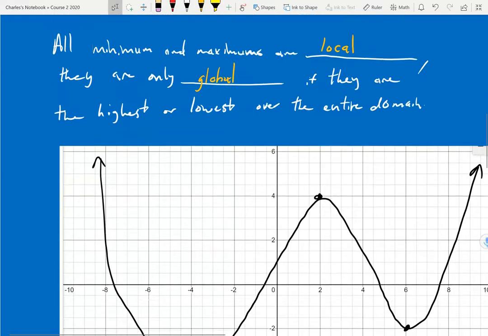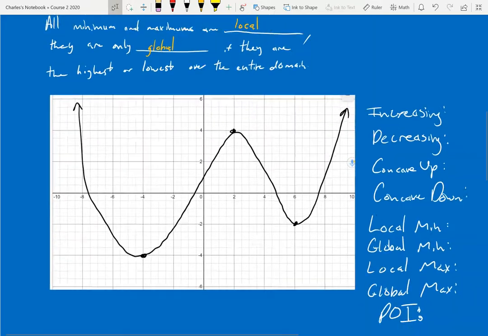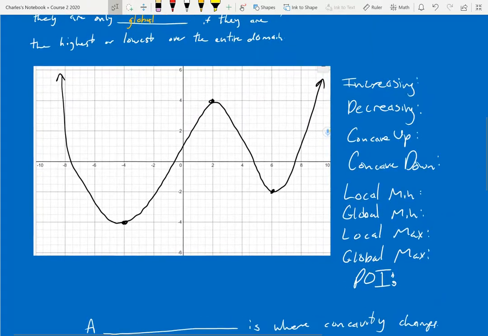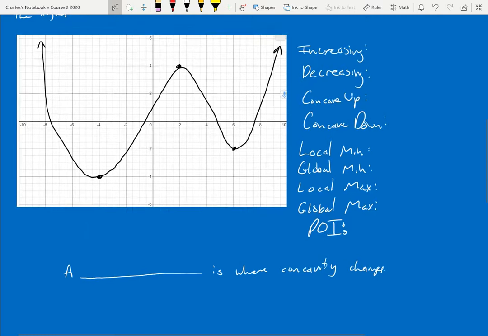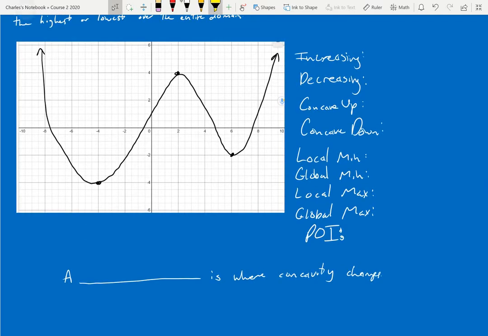If we look at this function right here to kind of tie everything together, I might say over what intervals is it increasing? And it looks like it's increasing over this stretch, and it looks like it's increasing over this stretch.